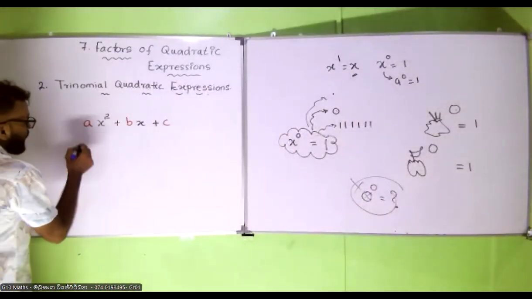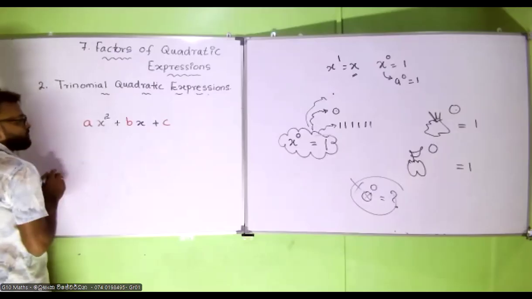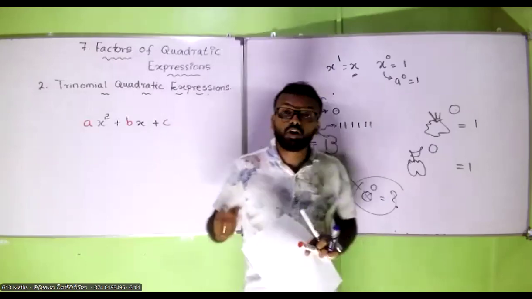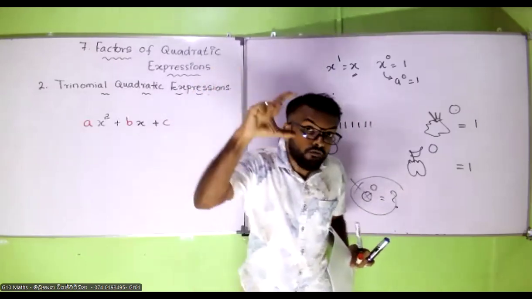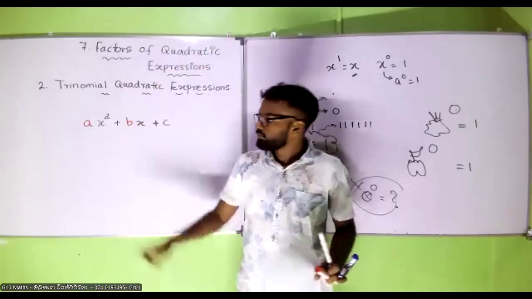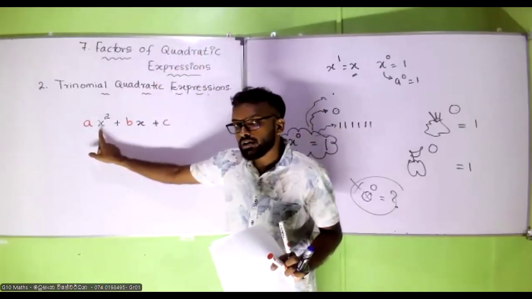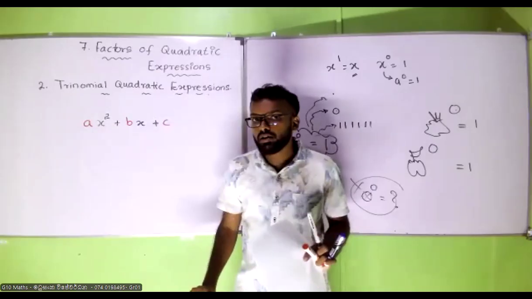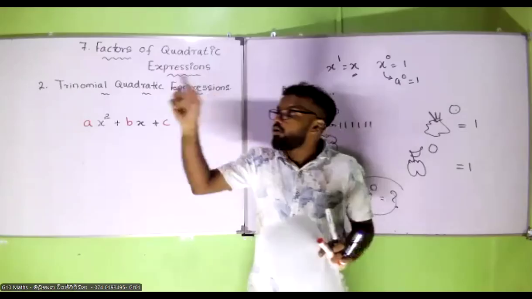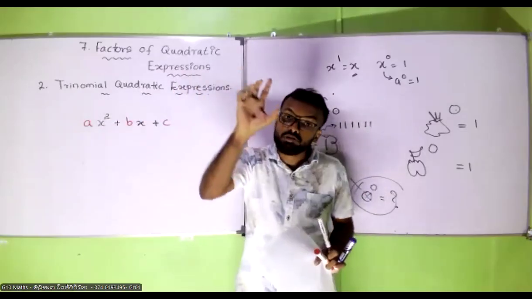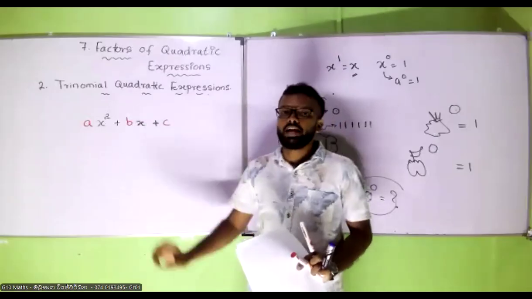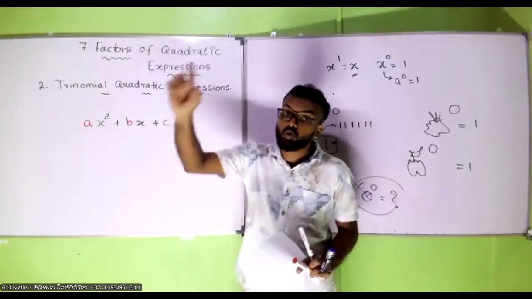So normally here we have A. We are going to call this A the coefficient of x squared. Here you have x squared, and we call this A the coefficient of x squared. In the same way, here you have x, and in front of that you have b, which is a constant.